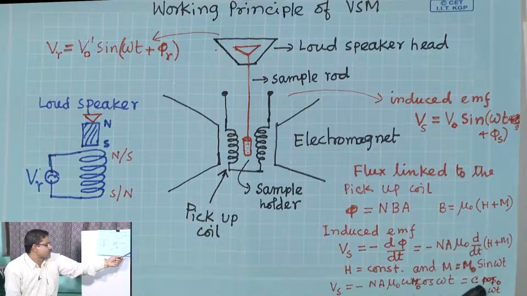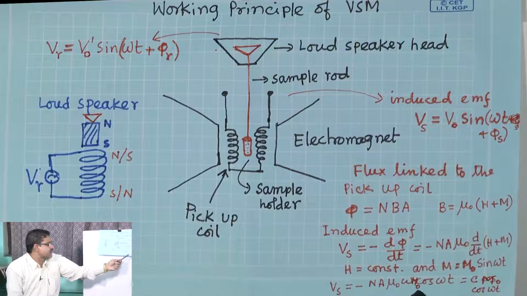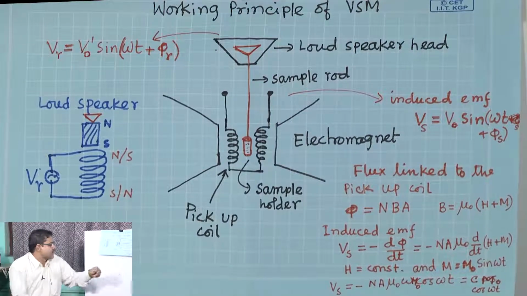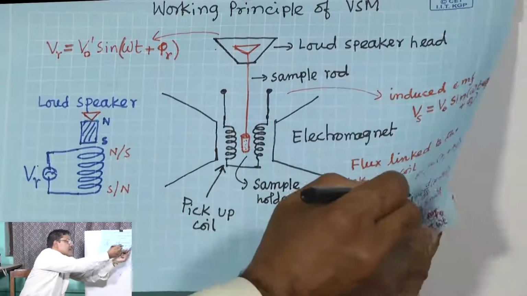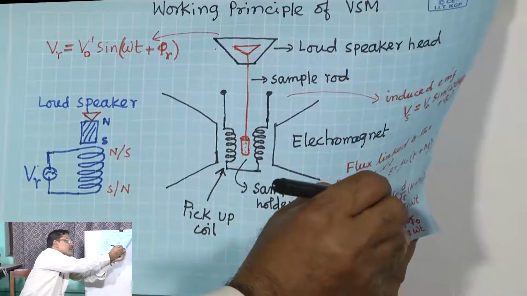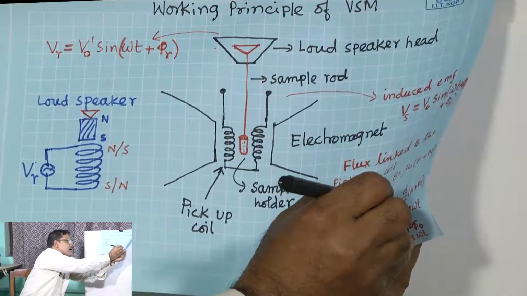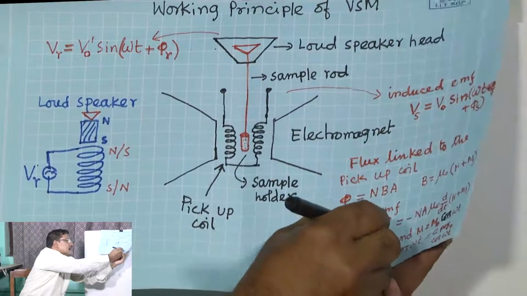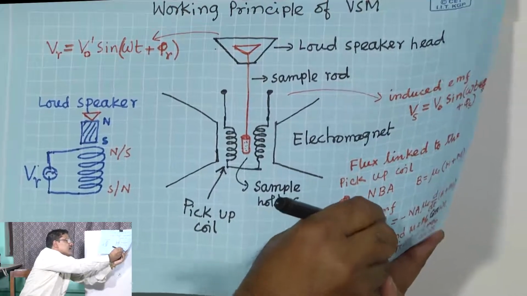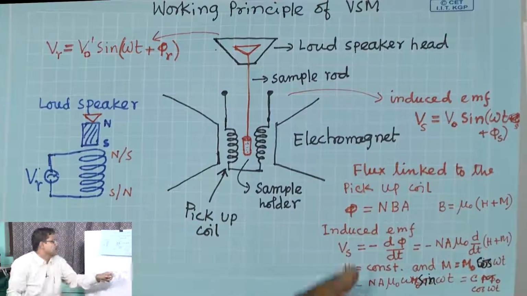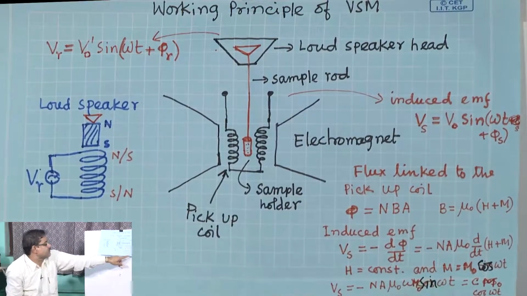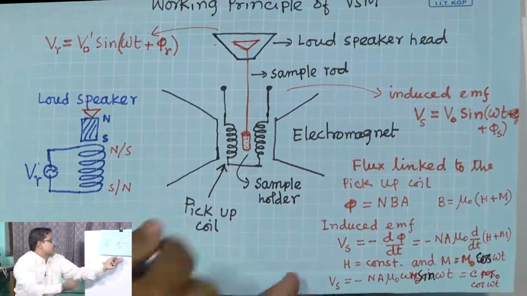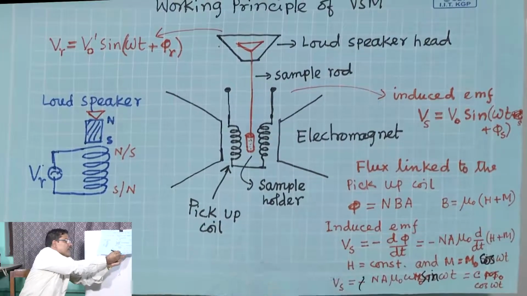Then if you do differentiation d by dt, I think I should write cos omega t, then it will be sin omega t, and there will be this omega, and this minus sign will be plus, okay.